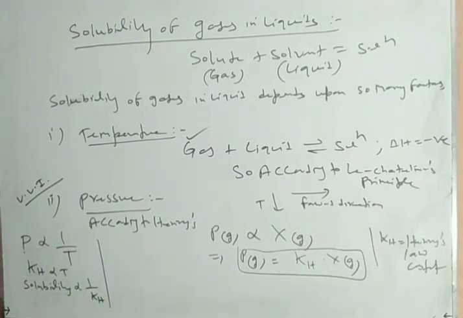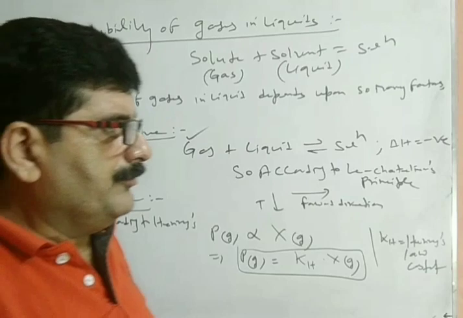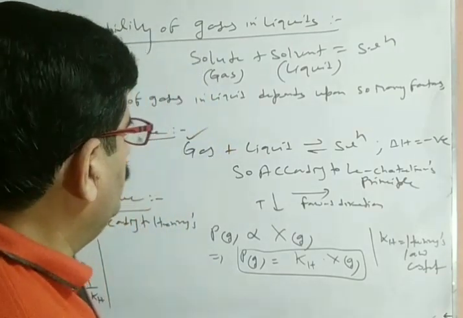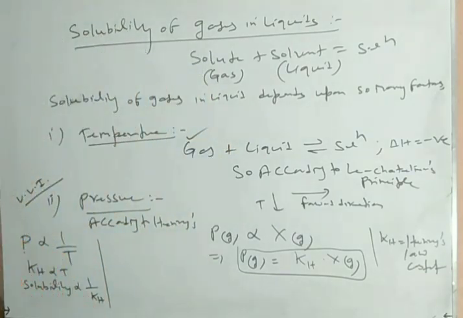So when pressure increases, temperature decreases, KH decreases, then solubility increases. So when pressure increases, the solubility of the gas in liquid solvent increases, which can be understood with the help of what? Henry's law.